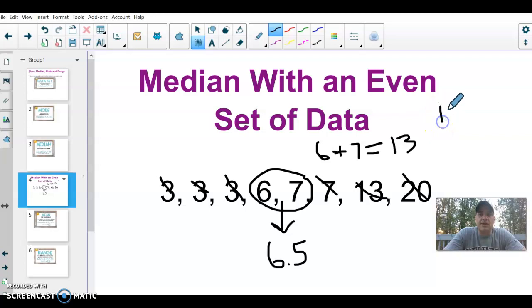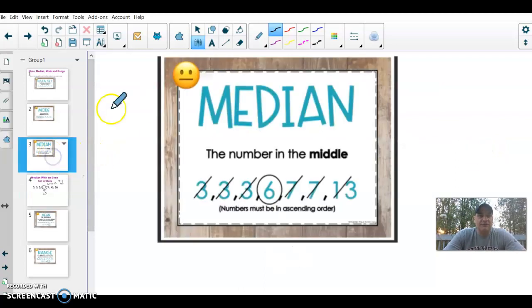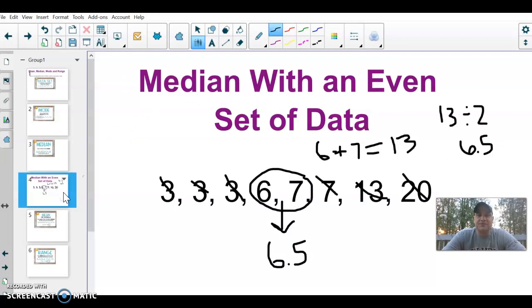You got it, I'm going to cut 13 in half, divided by 2 is 6.5. Okay, so you can take those two middle numbers, add them, and then divide by 2 or cut them in half. And that will give you your median. So I gave this one kind of a flat emoji. Okay, this one would be even harder. I guess I should have given 2 emojis for a median with an even set of data. I don't think you're going to like this emoji.